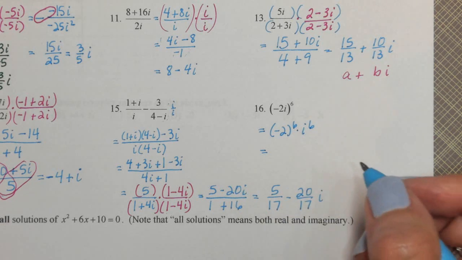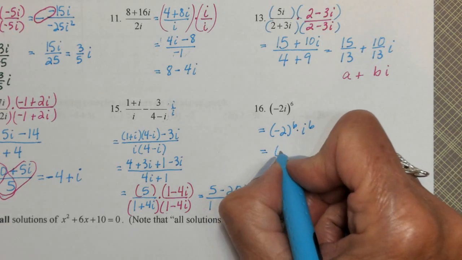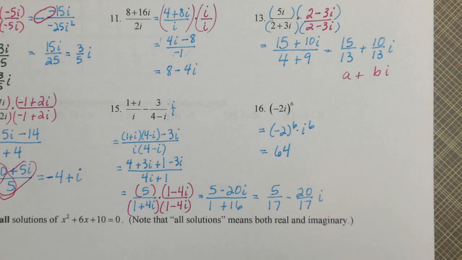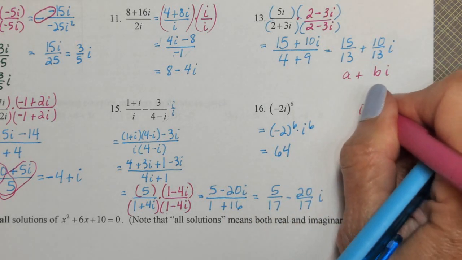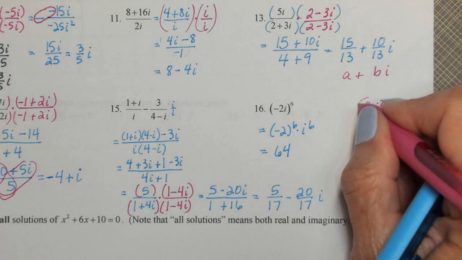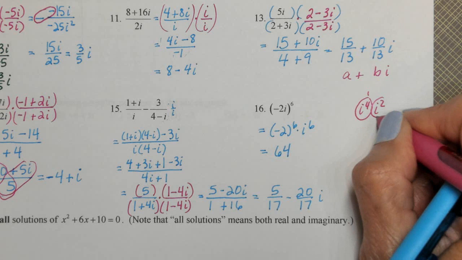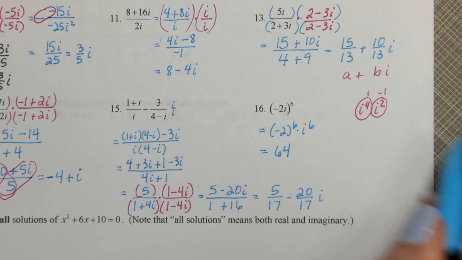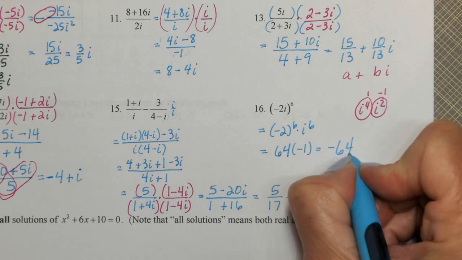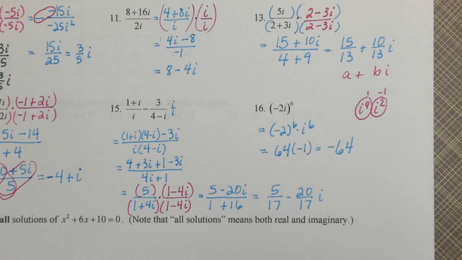So it's going to be positive, and 2 to the 6th is 64. And then i to the 6th. Well, i to the 6th is i to the 4th times i squared, right? i to the 4th is 1, and i squared is negative 1. So this is 64 times negative 1, or negative 64.